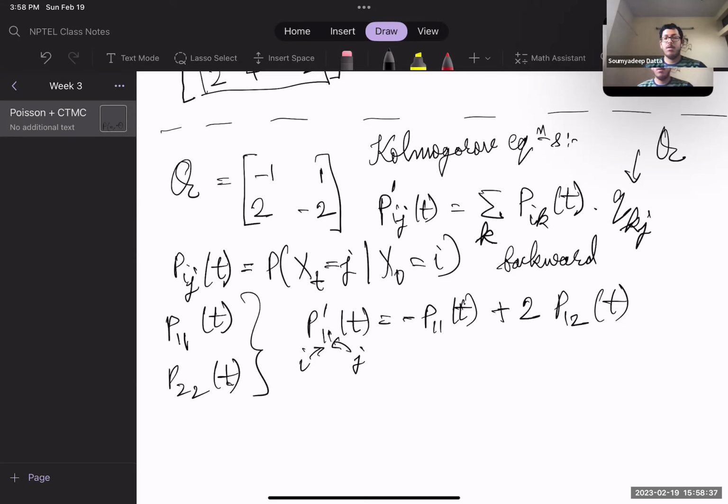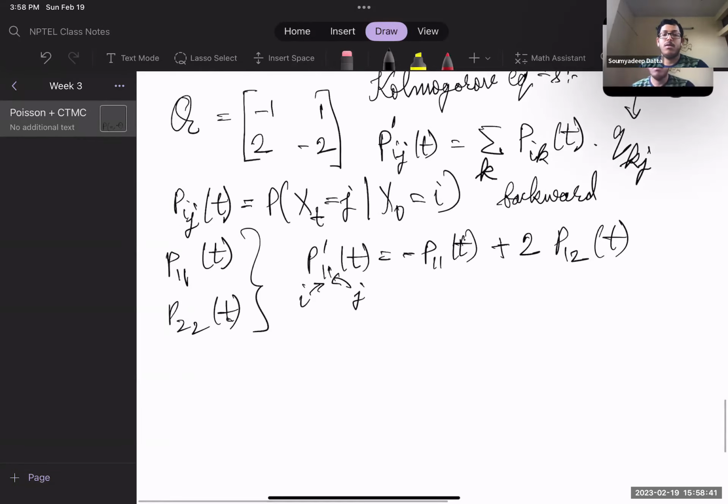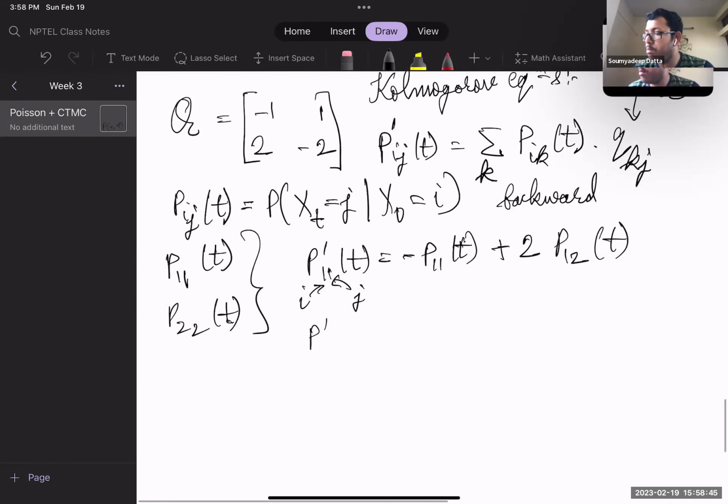Similarly, I can write P'_22(t) equal to, again, now i equals j equals 2. Let's put k equal to 1 first. So it will be P_21(t) times Q_22, so Q_22 is -2.